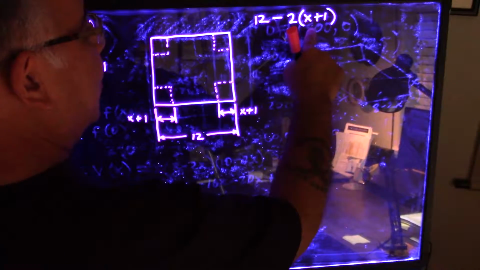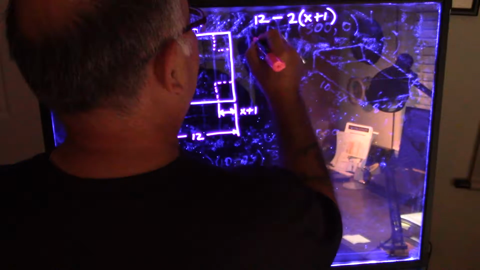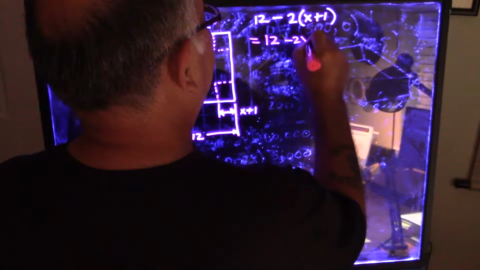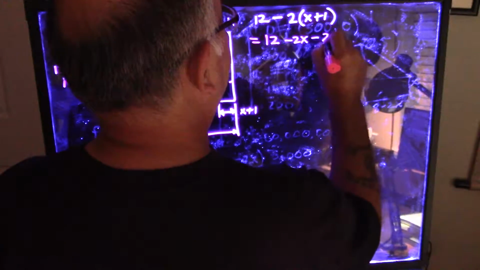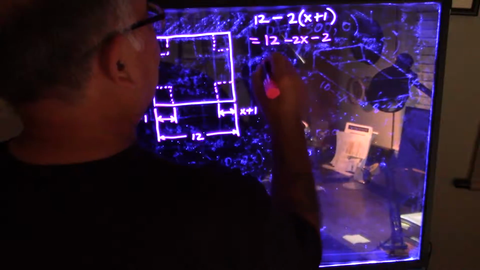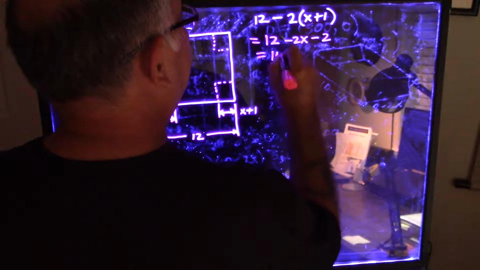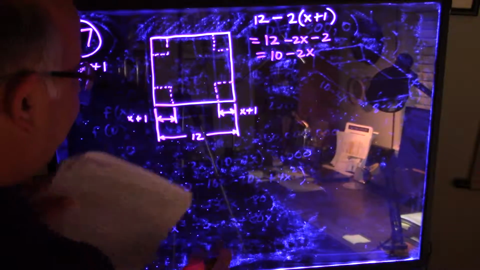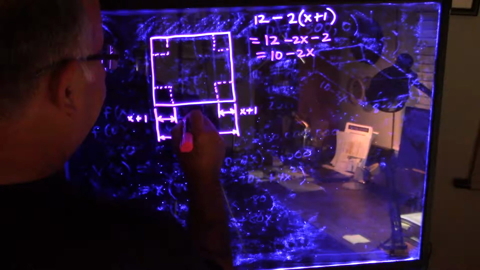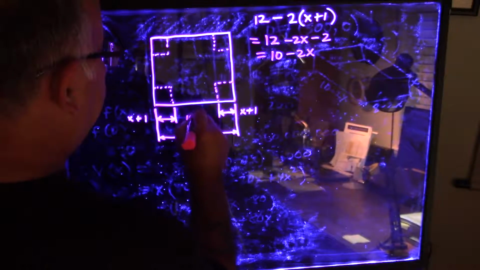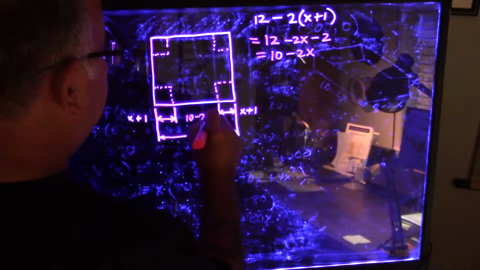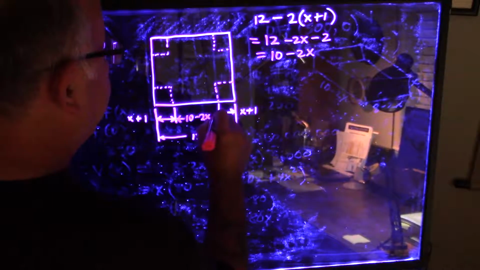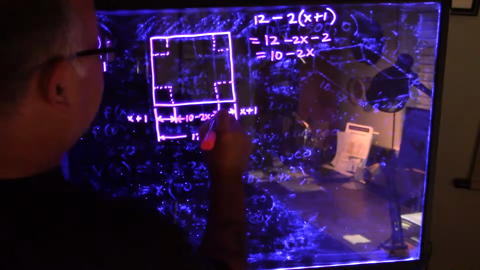Do it this way. You can distribute the negative 2 through: minus 2x minus 2. 12 minus 2 is 10. And then you've got 10 minus 2x. All right, so that is the distance here. 10 minus 2x.